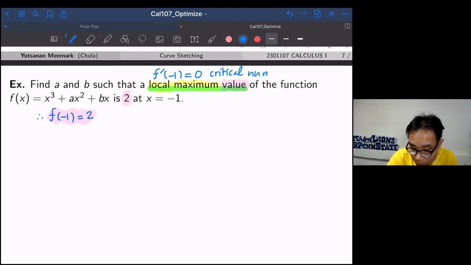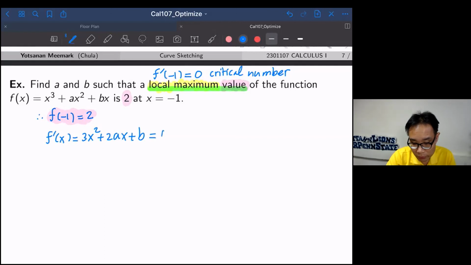So f prime(x) is equal to 3x squared plus 2ax plus b.